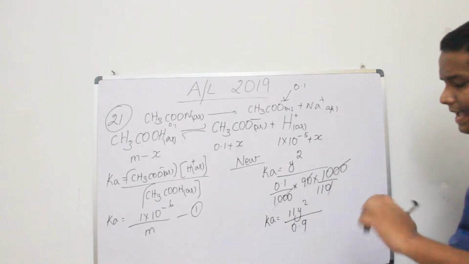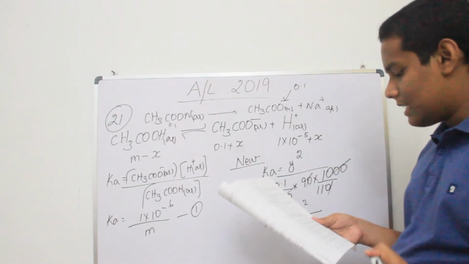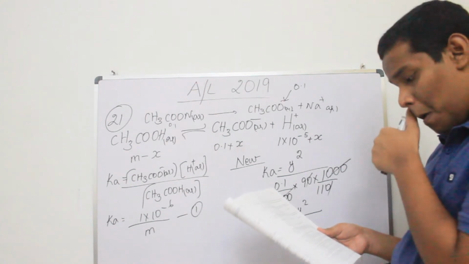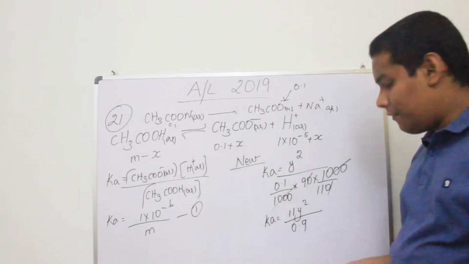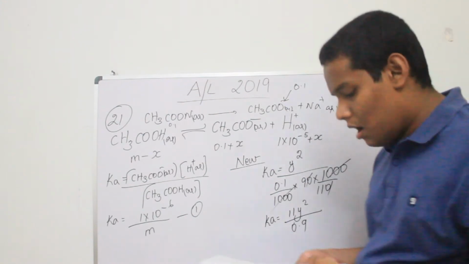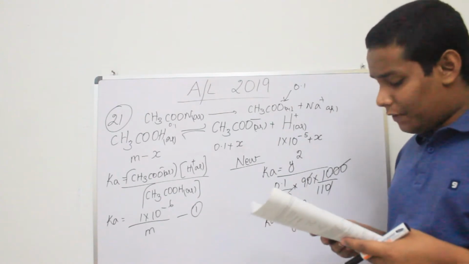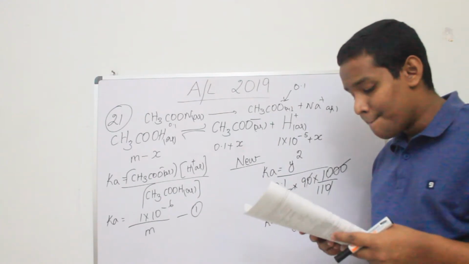So both the Ka's can be made equal. But here we don't know M and we don't know Y. We have to construct an equation to determine both Y and M. So for that you can do something like this. Look at this.